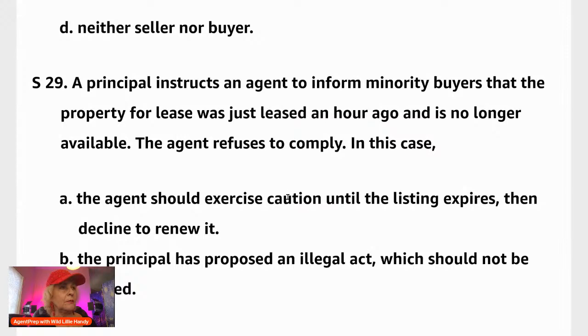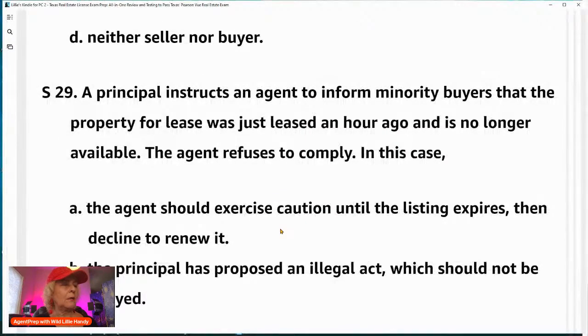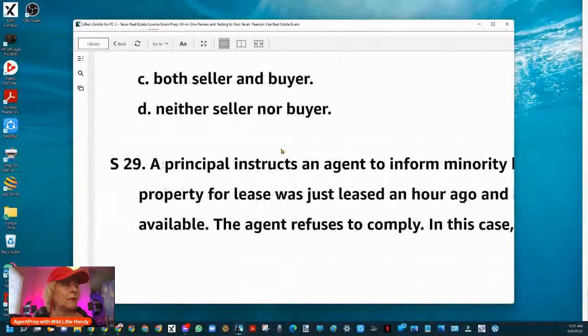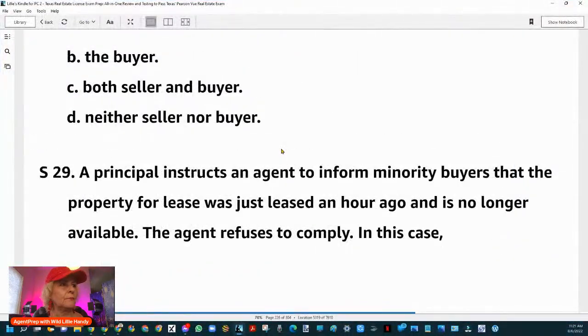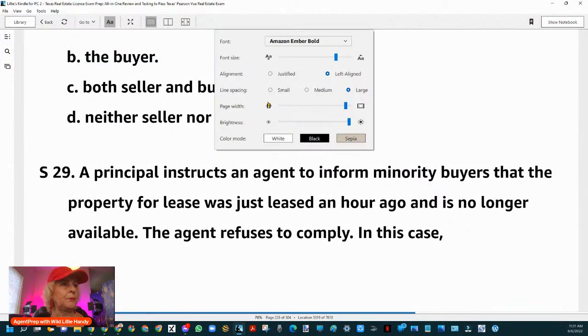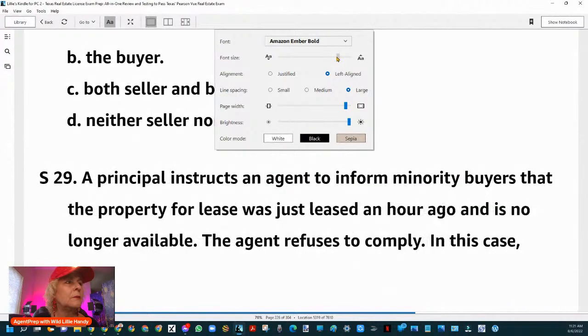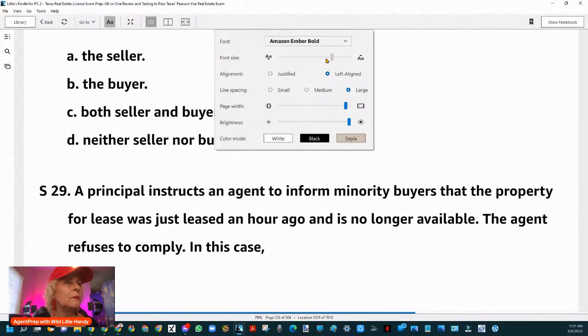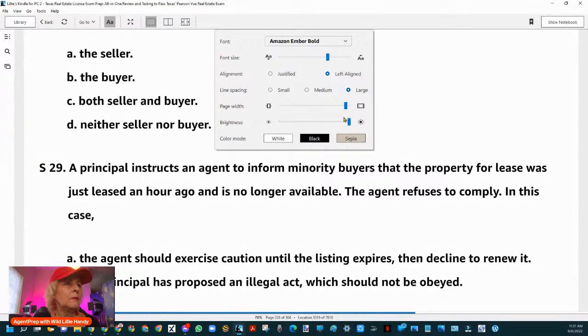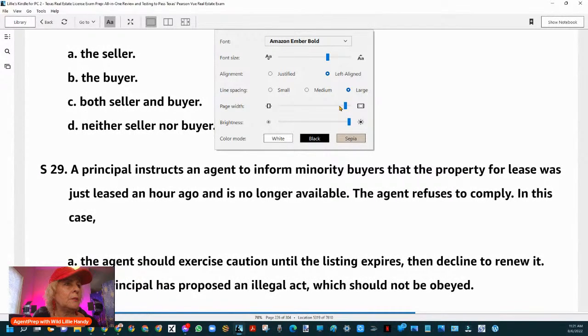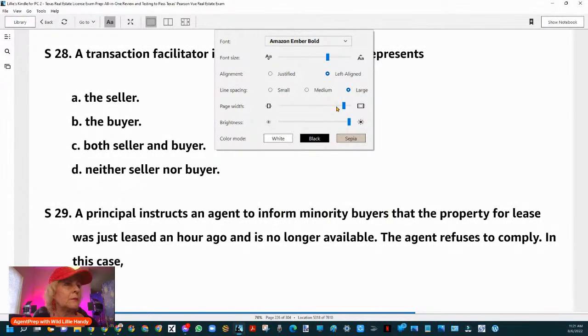Okay, let's try the other type of screen. No. Okay, let's see if I shorten the screen.